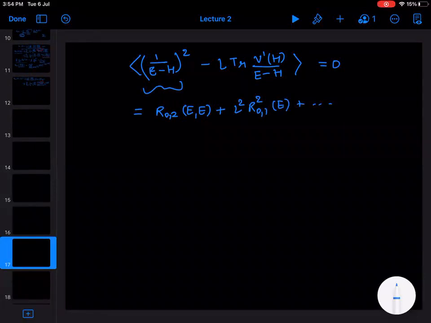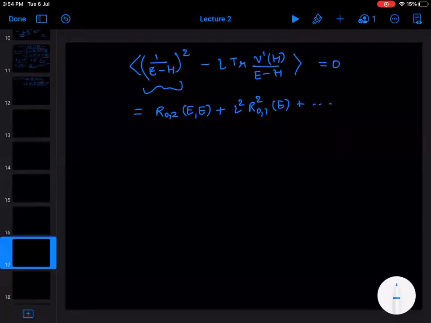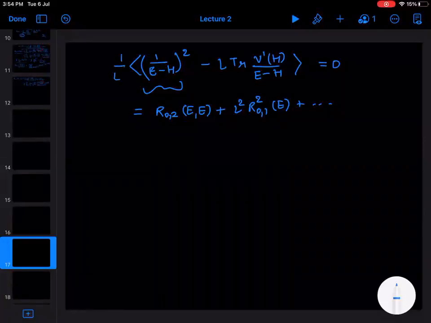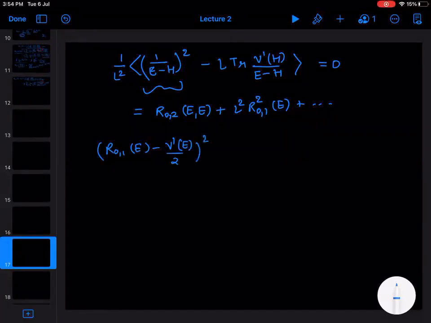Then you can again do some manipulations, and we can write the equations order by order in L. I'll multiply this equation with 1 over L squared, and then write the equations order by order in L. So the first equation that I get is this. I'm writing it in a particular form because that will help me later on.